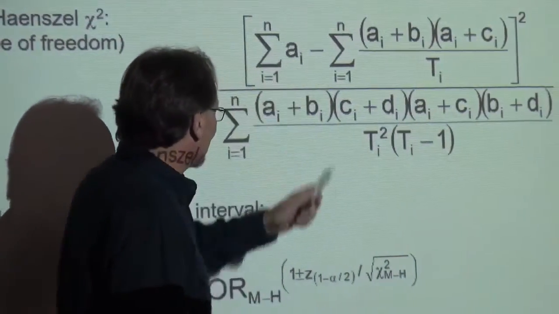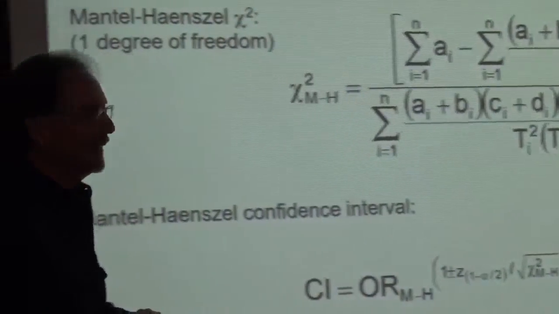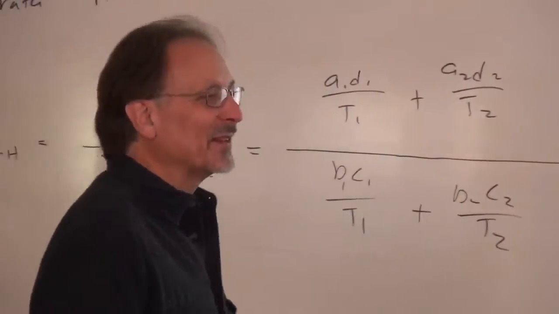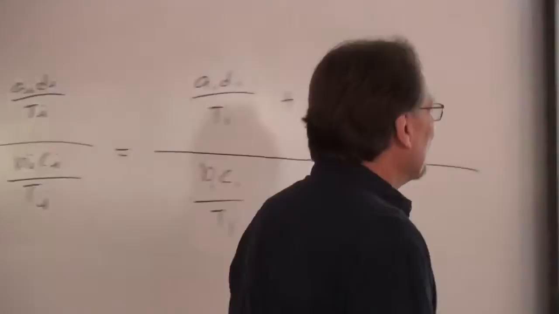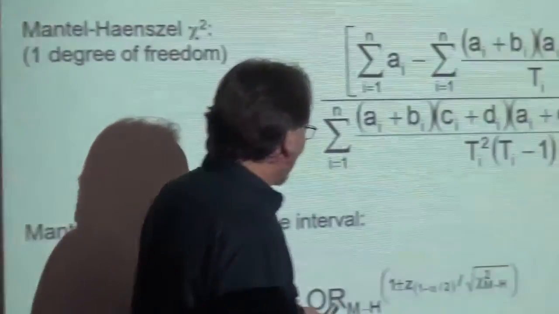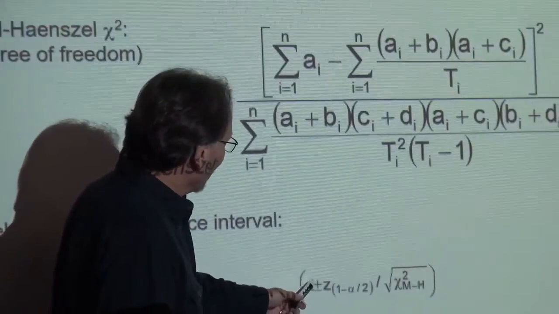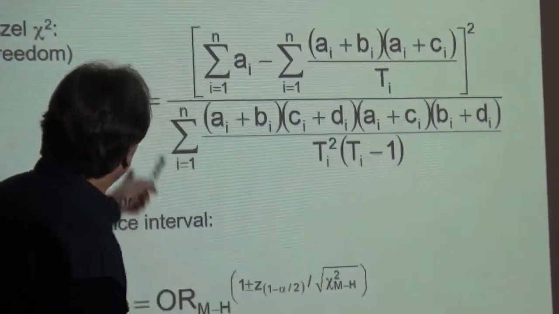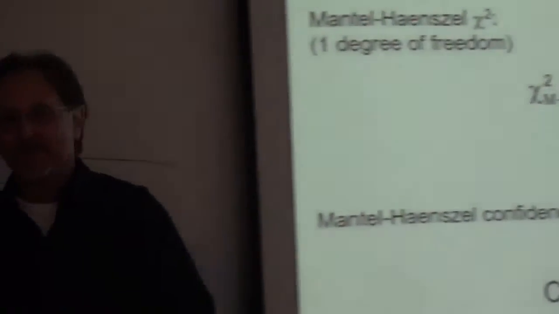We need to use this in order to calculate the confidence interval for our Mantel-Haenszel odds ratio. You take your Mantel-Haenszel odds ratio raised to 1 plus or minus the z for 1 minus alpha over 2, divided by the square root of your chi-squared. Now, that's an introduction to the formulas.